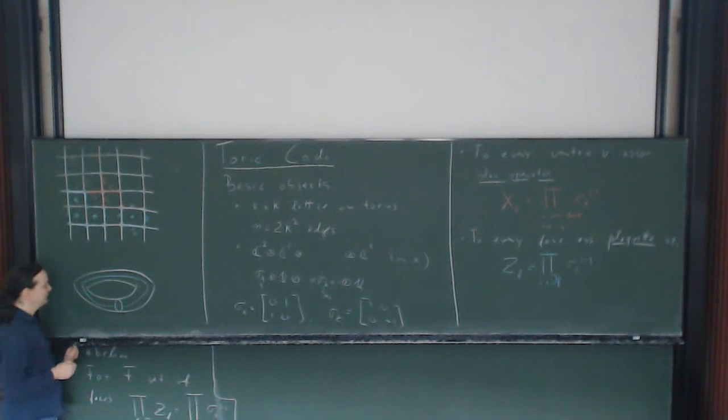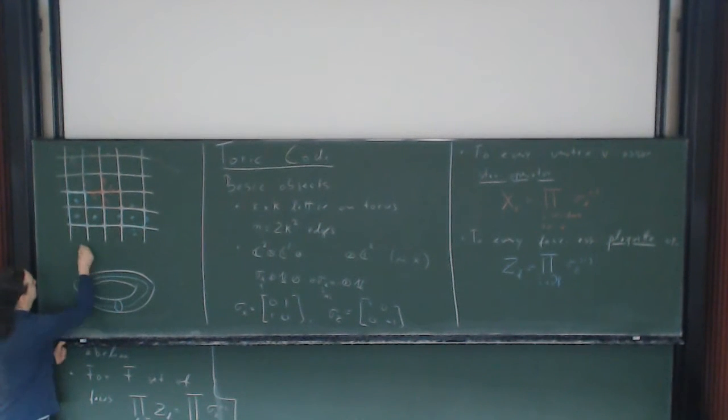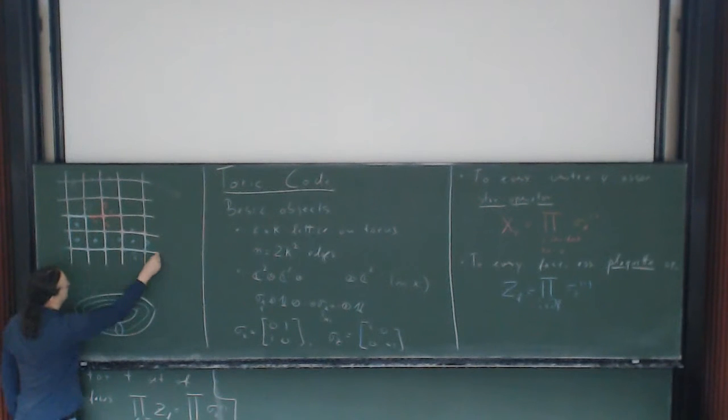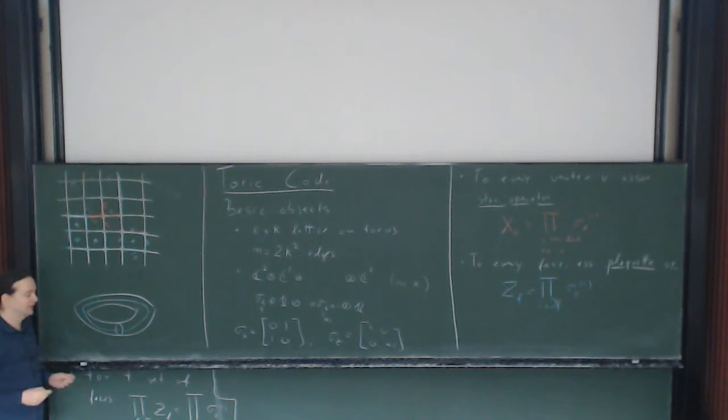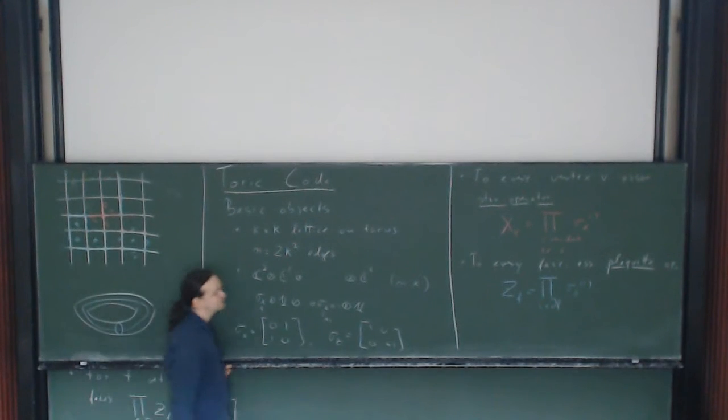So there are 2 strings, and by this I mean, take some line here and apply sigma z's there, and take some line here and apply sigma z's there. This will commute with everything, but it's not in the stabilizer group. This will be very important.